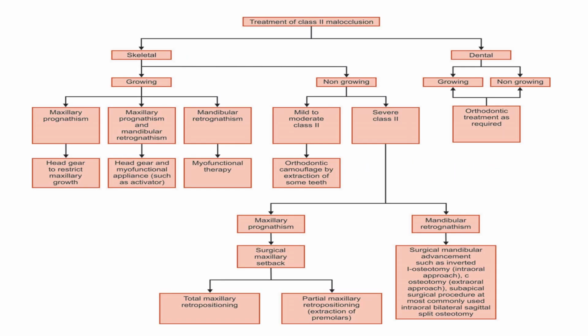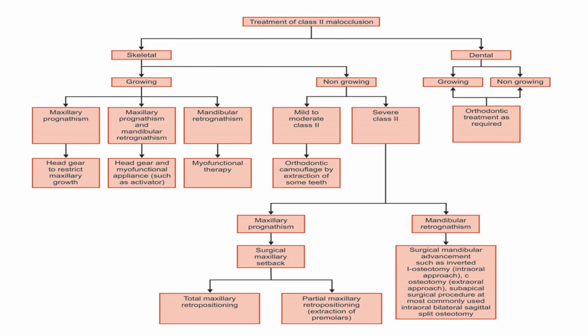So basically, to summarize the treatment strategy for a class 2 malocclusion, the first thing we have to see is whether it is a skeletal problem or a dentoalveolar problem. Now, if it is a dentoalveolar problem, whether it is a growing or non-growing patient, conventional orthodontic treatment is carried out.